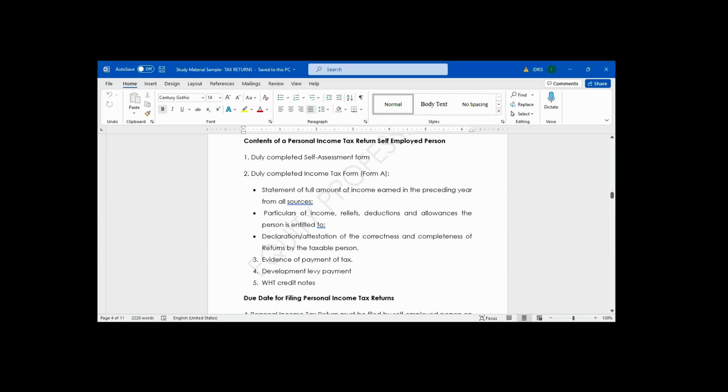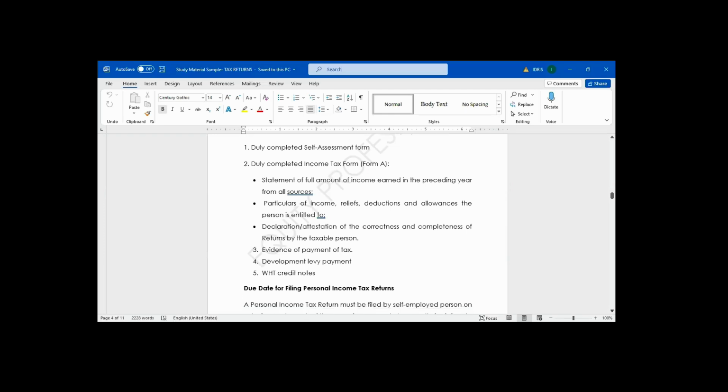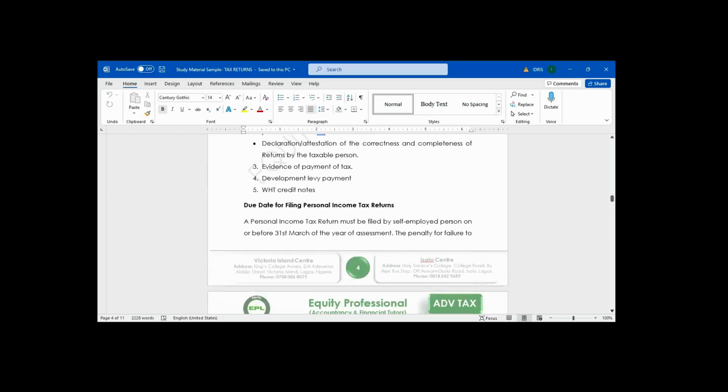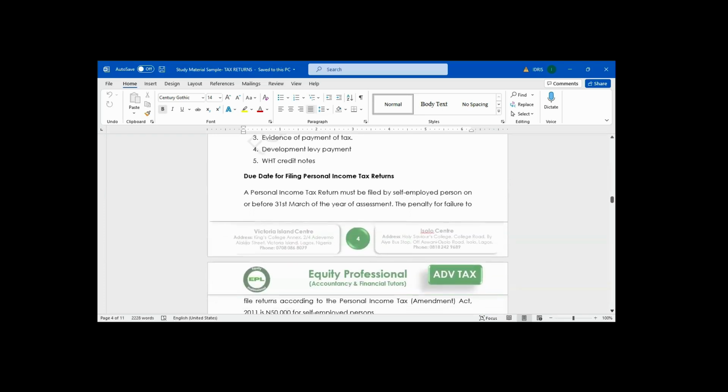Now, what is the due date for filing this direct assessment, which is personal income tax return filed by self-employed persons? The due date for filing personal direct assessment is 31st of March of the following year.